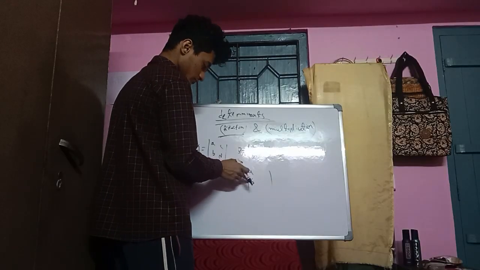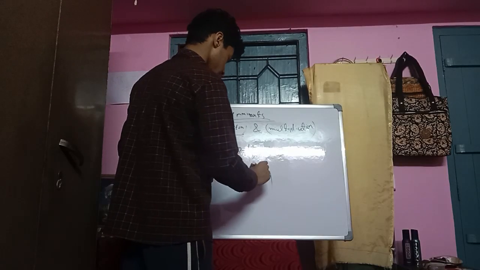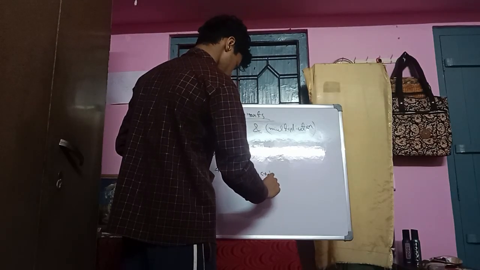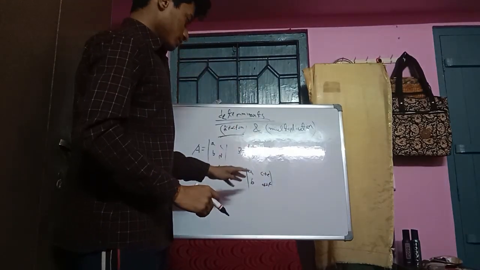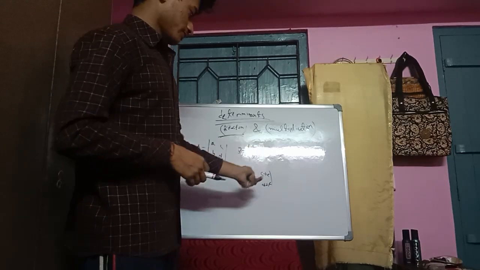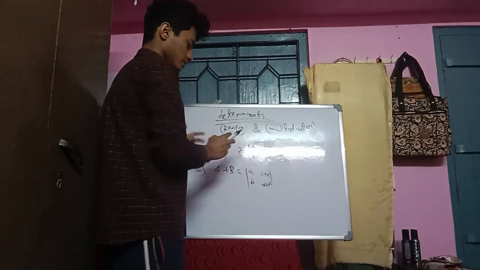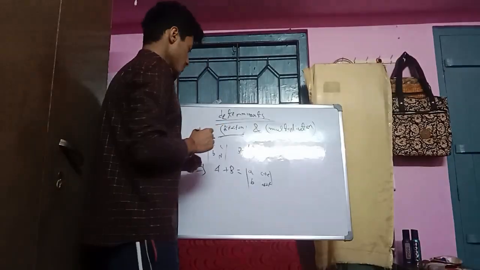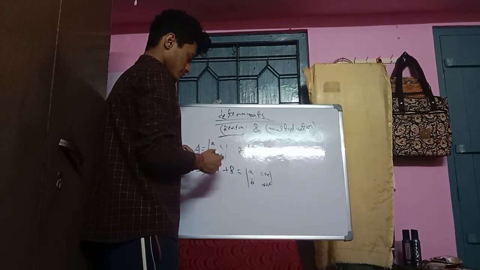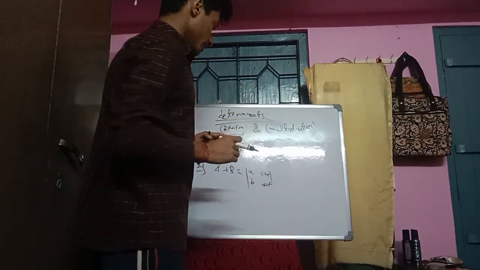So the first column would have the elements A and B, and the second column would have elements C plus E and D plus F. Okay. If the second column was common, then the second column would have stayed the same, and the first columns of both determinants would have added up. If the first row was common, it would have stayed the same. If the second row was common, it would have stayed the same. So basically, you get the point.